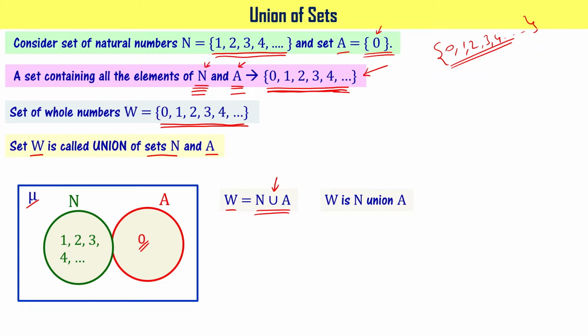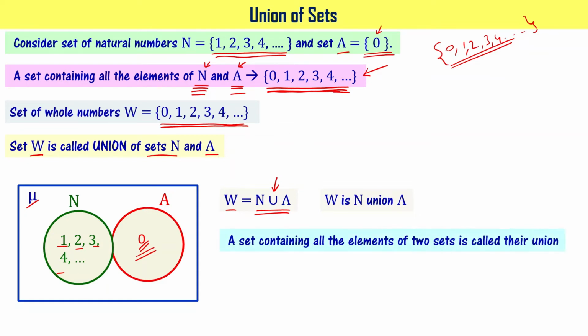W is N union A, meaning W has all the elements of N and all the elements of A. In this particular case, A has only one element, that is 0.